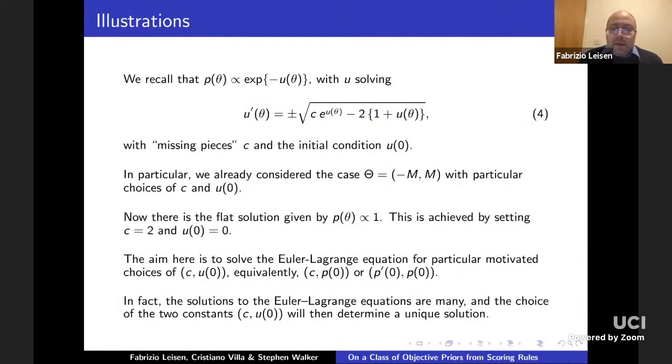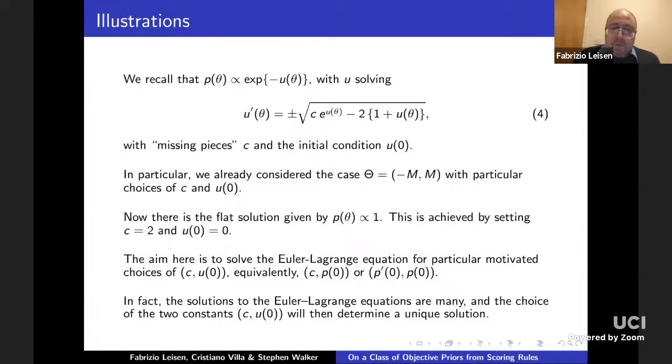So another obvious solution. Now, if we consider, instead of minus M, M, a generic parameter space, we can actually recover the flat prior if we set c equal to 0 and u0 equals 0. Now, what we are going to do is to show how to find the class of priors for different parameter spaces with specific properties.